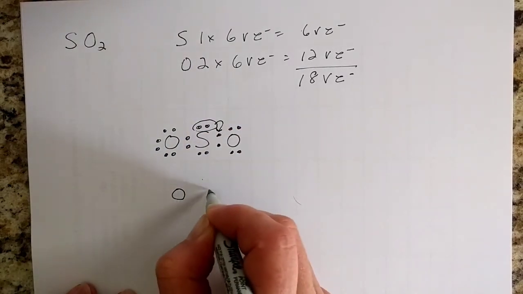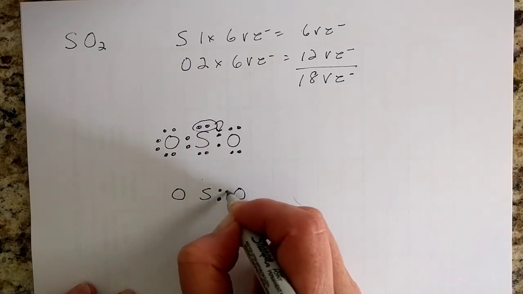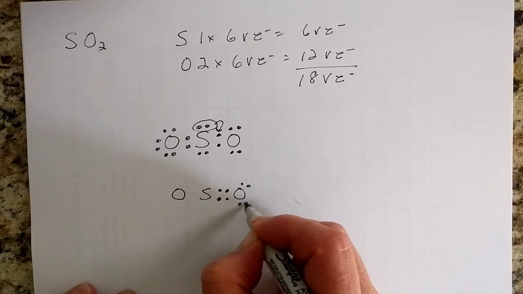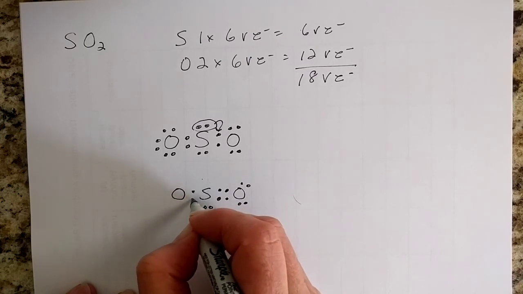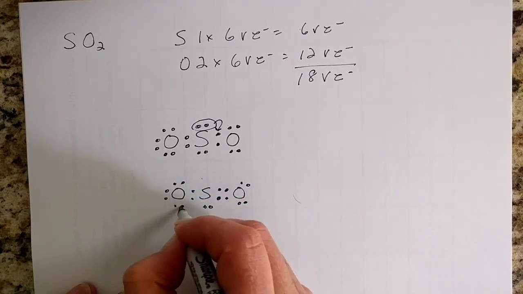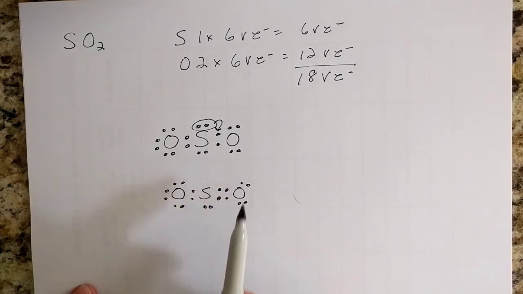So let's take these 2 and move them in. When we do that, that brings 4 into the middle. Oxygen still keeps the electrons that it had. Sulfur still keeps the electrons. Everything else stays the same. So there we go, 2, 4, 6, 8, 10, 12, 14, 16, 18.